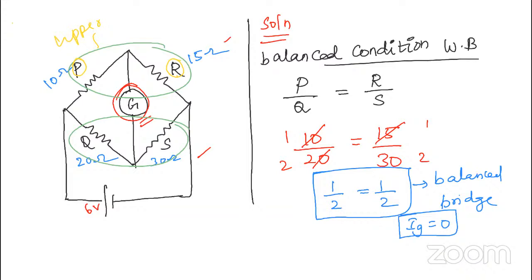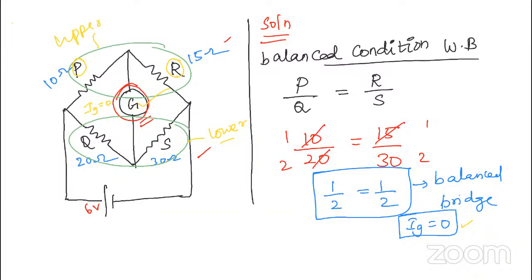So the first step, we have to find the upper part as well as the lower part value. Here this is the lower part, the lower series. We have to find both values. So here we can clearly notice that there is no current flow through the galvanometer, so the IG value is equal to 0.